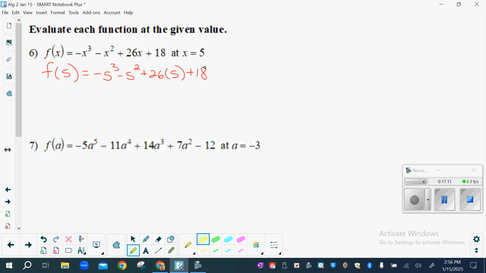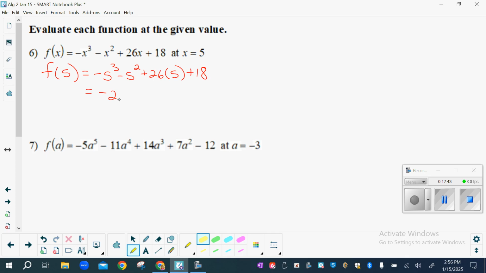Okay, what answer did we get? -2. So some people got 48 and some people got -2. It is -2. There's a lot of parts to this, and so putting all that in your calculator, it's very easy to make a mistake. Let me show you something.